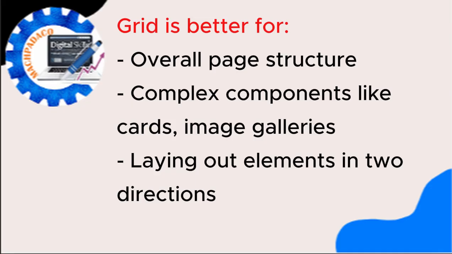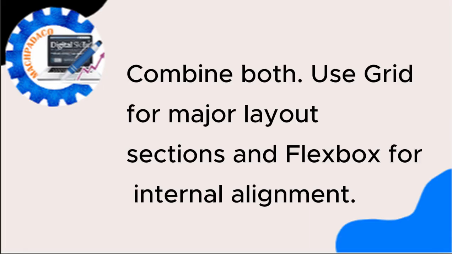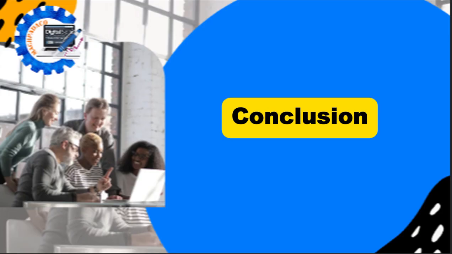Grid is better for overall page structure, complex components like cards and image galleries, laying out elements in two directions. Best practice: combine both. Use Grid for major layout sections and Flexbox for internal alignment.